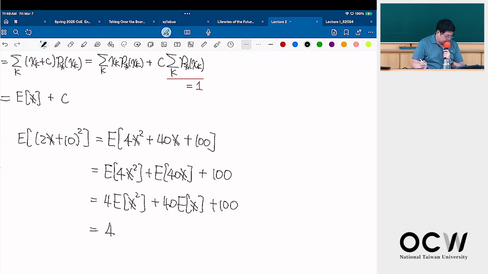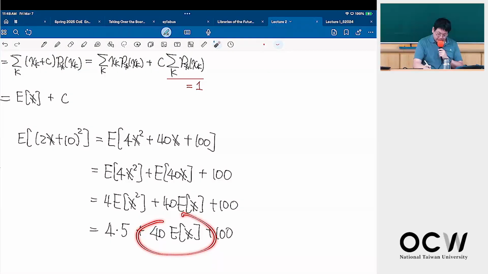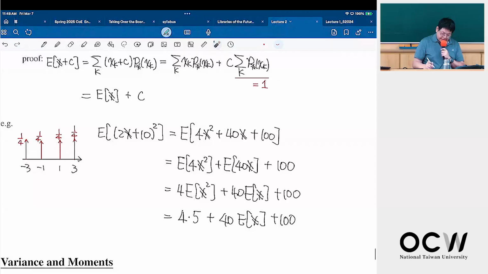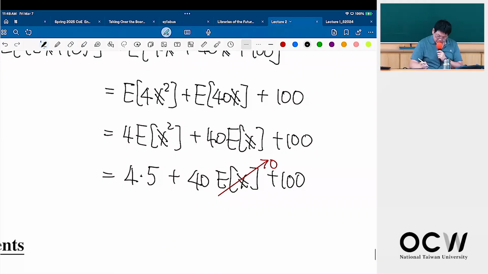So you get 4 times 5, and also 40 times the expectation of x, plus 100. What is the expectation of x? They are all equal for their PMF. So this goes to 0. Then you get 120.